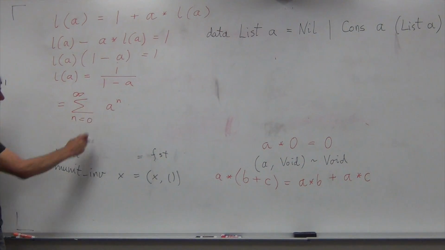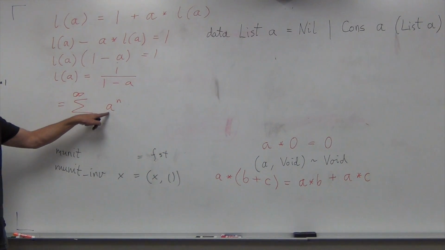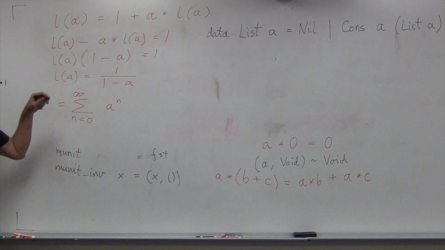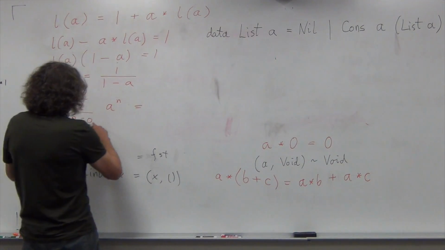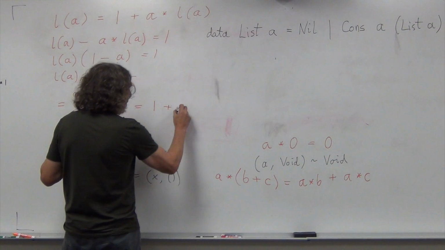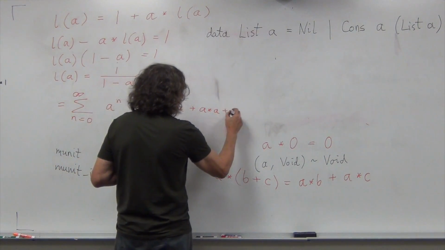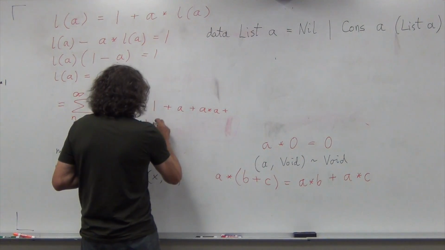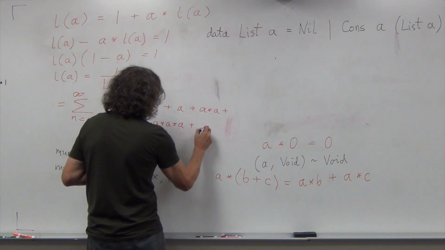Now this guy is good. This is only a sum, and these are products. This is A times A times A times A, and so on. So I could really rewrite it as, for n equals 0, this is just 1 plus A cross A plus A times A times A plus, and so on.